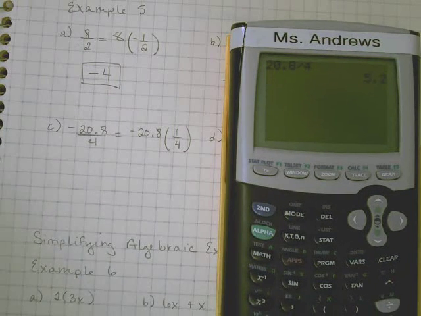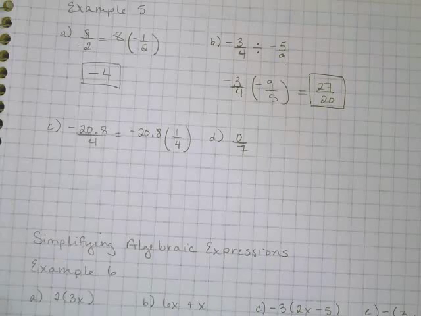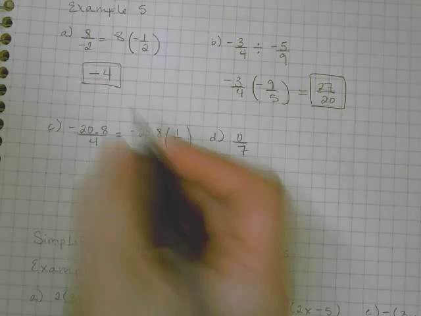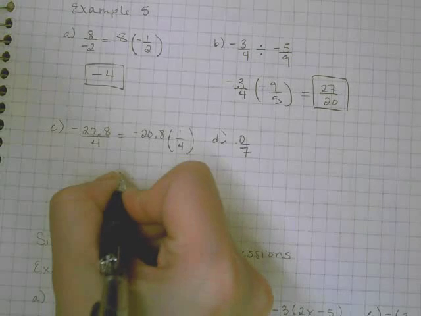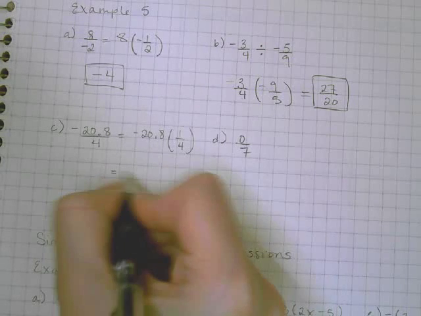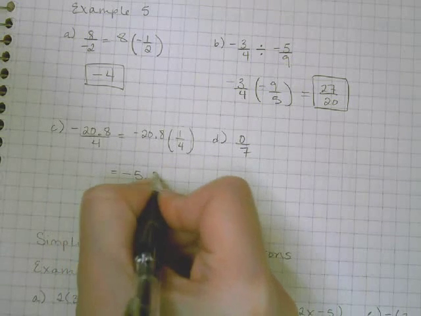And if you also look at that as times parentheses 1 divided by 4, you're also going to get 5.2. Now, I also know this is a negative times positive, so my answer is going to be negative 5.2.